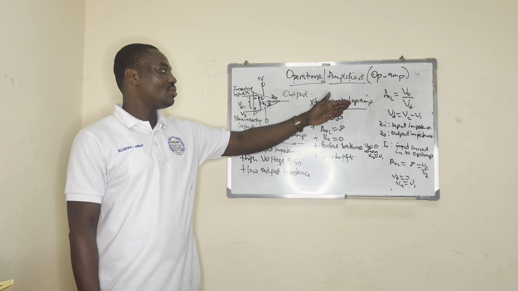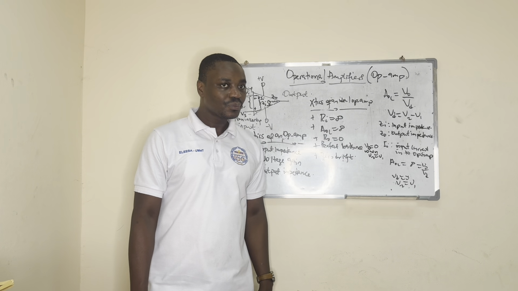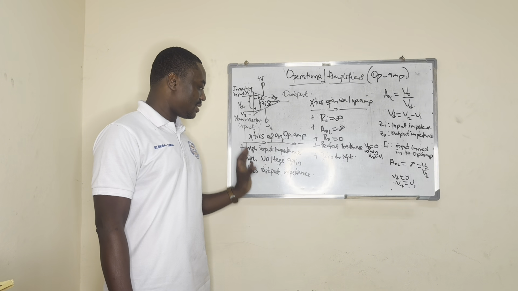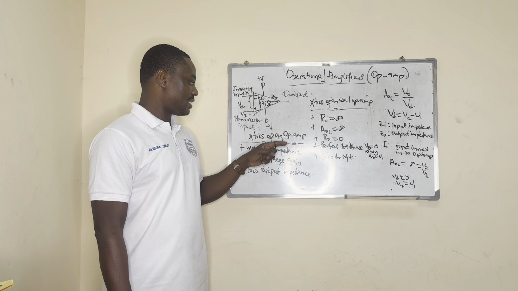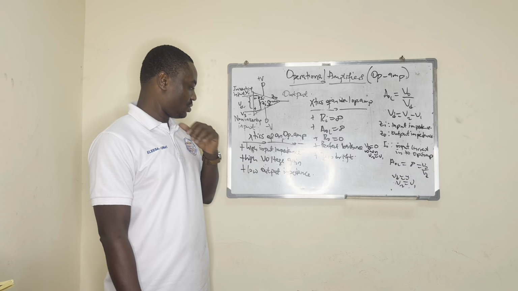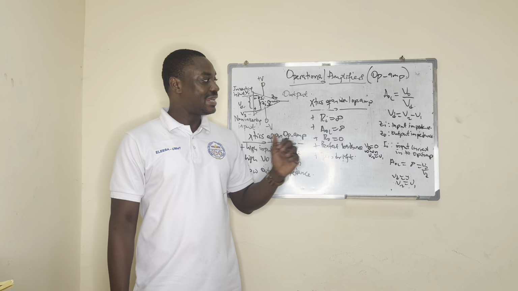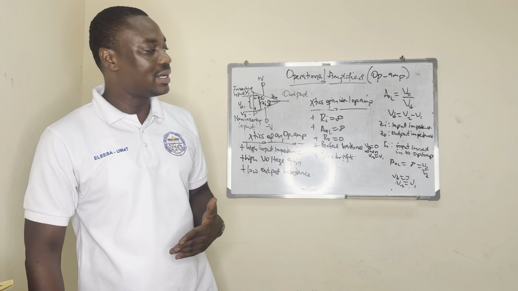Then we can look at an ideal situation for an operational amplifier. In general terms, when it comes to the characteristics of an operational amplifier, it will have a very high input impedance. In an ideal situation, we want this to be so big that it's infinite.